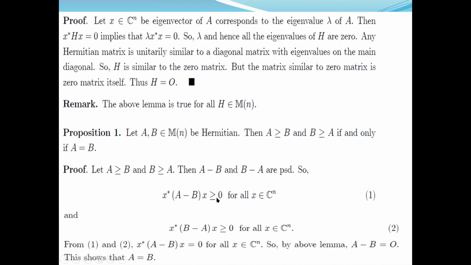So x star (A minus B)x is a non-negative real number. x star (B minus A)x is also a non-negative real number. We can take the minus outside. So this means x star (A minus B)x is both negative and positive, so this must be 0. This implies A minus B is 0 by the above lemma. So yes, A is equal to B.